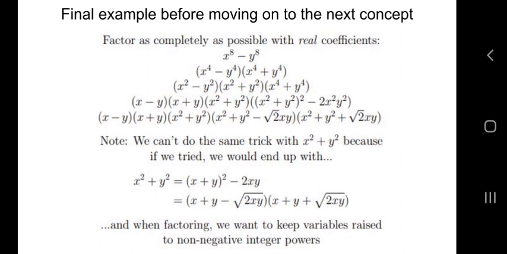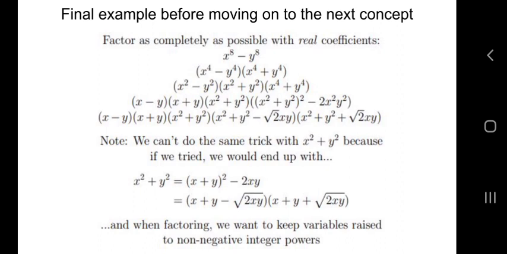We're able to factor x to the fourth plus y to the fourth as long as we're able to introduce the square root of 2. So if it says factor as completely as possible with real coefficients, then we can do that. But if it's required of us that we have to factor where all of the coefficients, and remember, coefficients is just the number being multiplied by the variables.